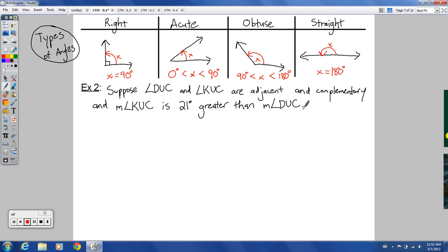We'll draw a diagram and determine the measure of each angle.